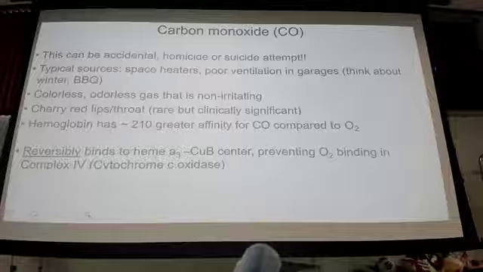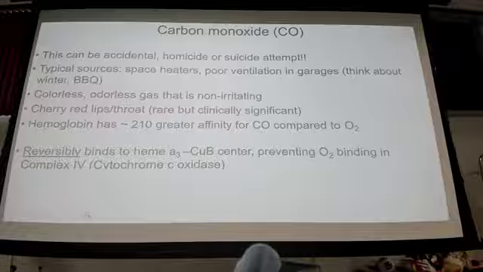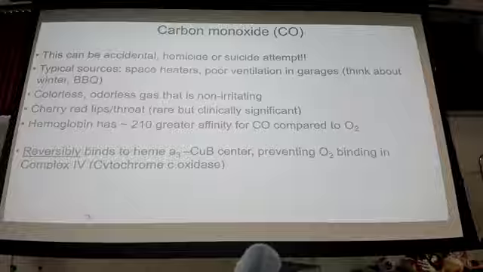So carbon monoxide, well, hemoglobin has a significantly higher affinity for carbon monoxide than it does for oxygen. And so once we're exposed to that carbon monoxide, it's going to displace the oxygen. So that too is going to cause hypoxia in our tissues, because our tissues are not getting oxygen, and it's going to also impact the electron transport chain as well.